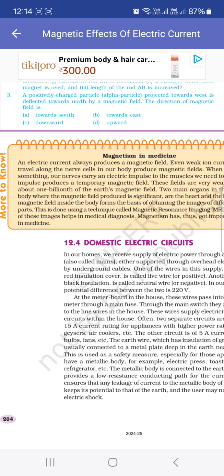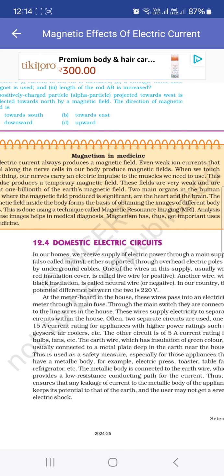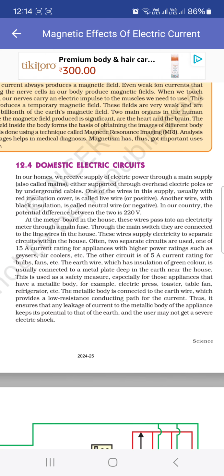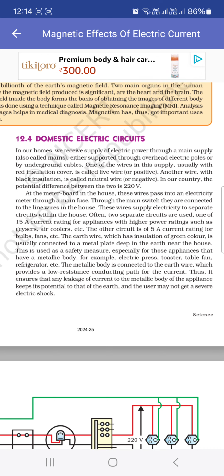Domestic electric circuit. In our home, we receive supply of electric power through a main supply, also called mains, either supported through overhead electric poles or by underground cables.